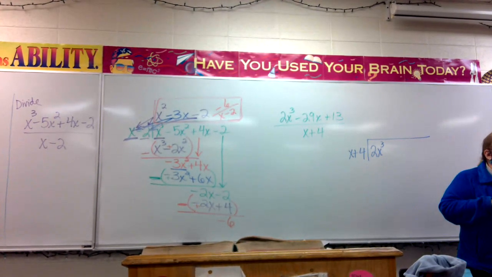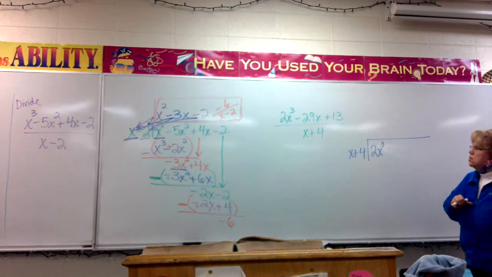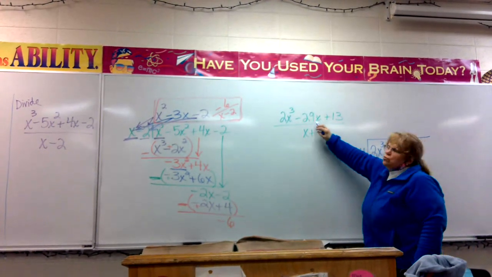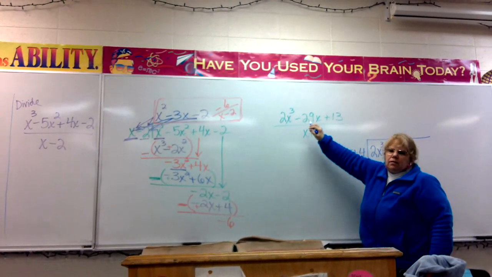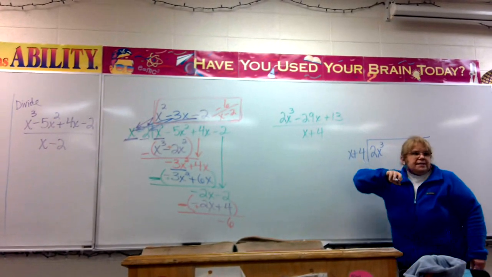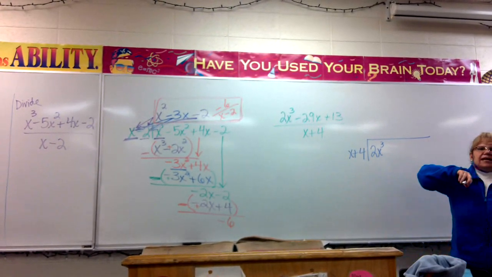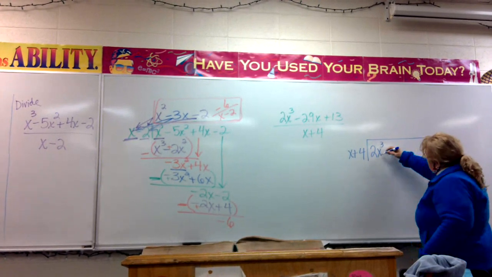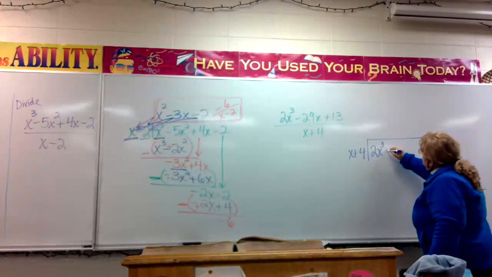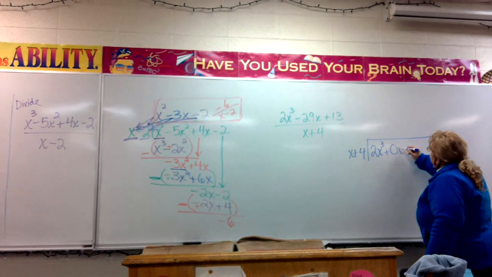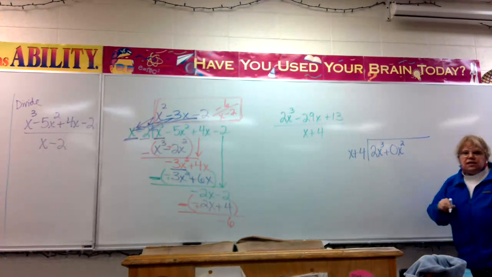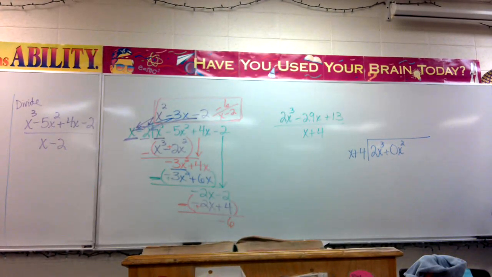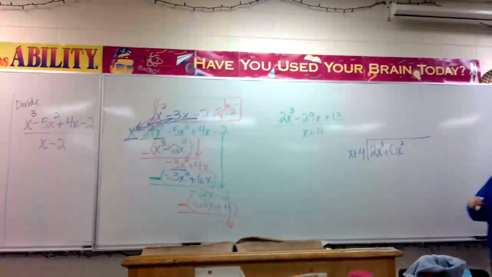X to the third, x to the second, x to the first, x to the 0. Where's the x to the 2? Hiding. There aren't any, right? How many x to the seconds do I have? 0. So in this box here, you have to put 0x to the second. If any of those are missing, you need to put in a 0.